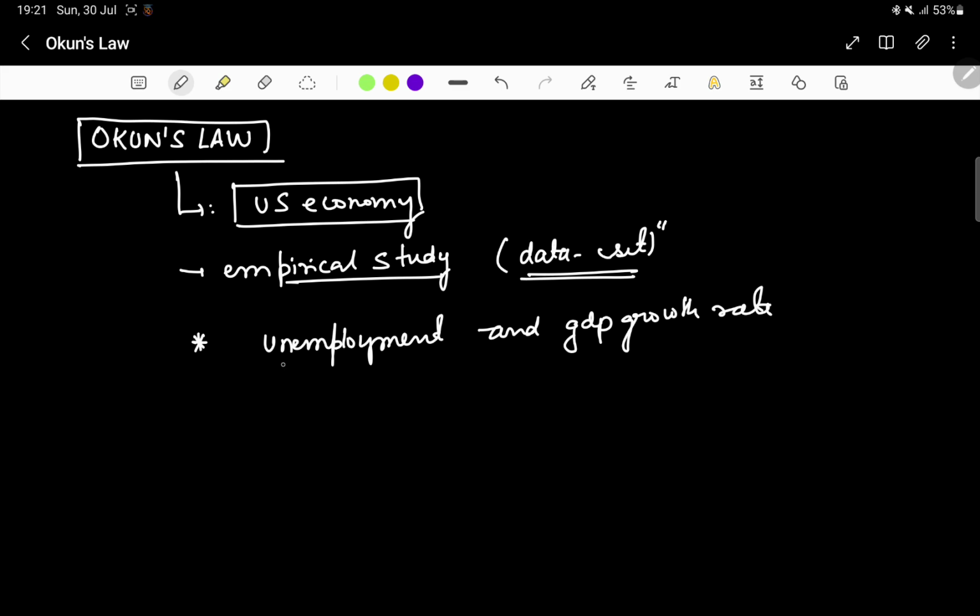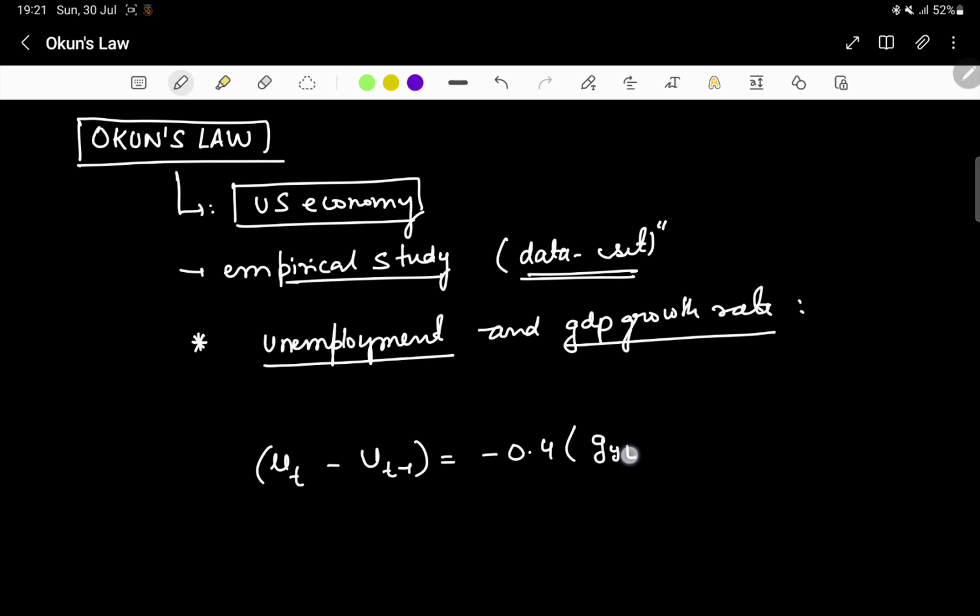So he tried to analyze the unemployment and the GDP growth rate in the US economy, and he came up with a formula: Ut minus Ut-1 is equal to minus 0.4 times (Yt minus 3%). So this was the data that he coined for the US economy.